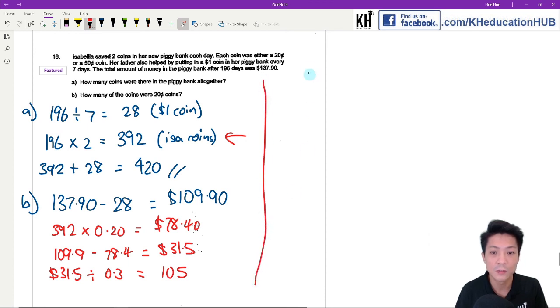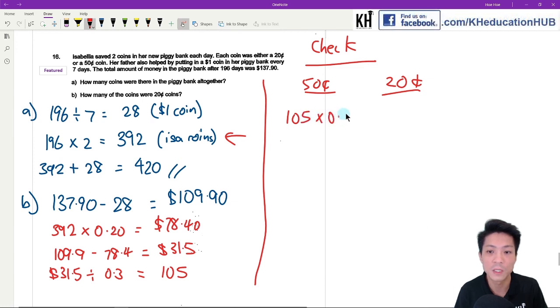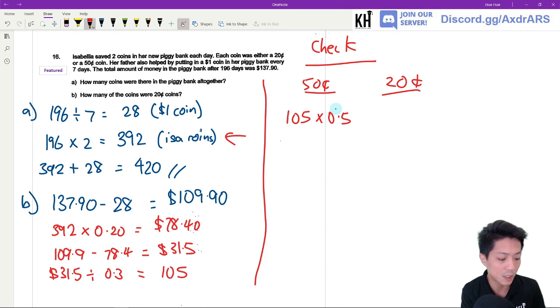Usually for supposition questions and guess and check questions, I'll do a final check to make sure I get it correct. If there are 105 50-cent coins, I'll multiply by 0.5, and I'm going to use 392 minus 105. That means there are 287 20-cent coins.